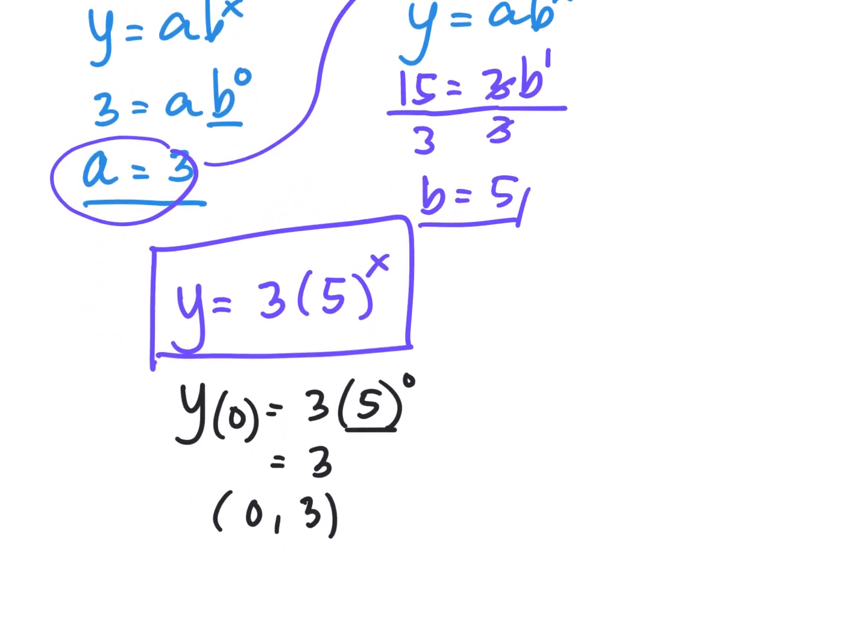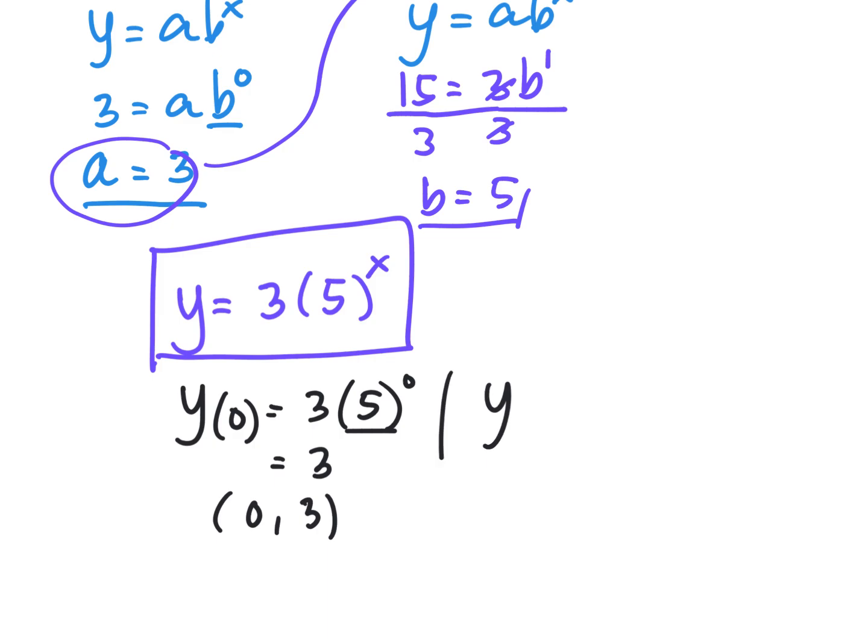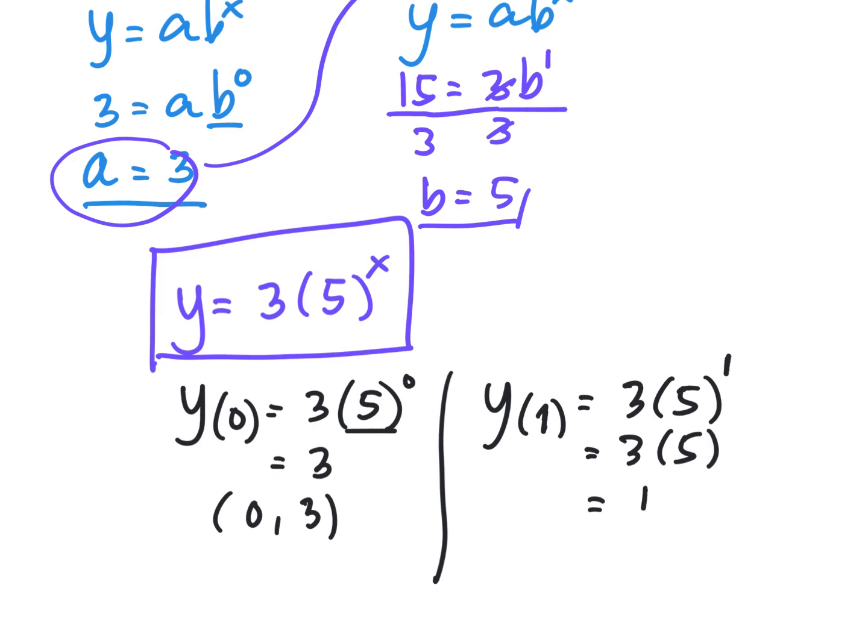The other one is 1, 15. y of 1 is 3 times 5 raised to 1, and 5 raised to 1 will always be 5. So 3 times 5 is going to give you 15. The ordered pair 1, 15 is also correct. Therefore, that only means that you actually solved for the correct function.